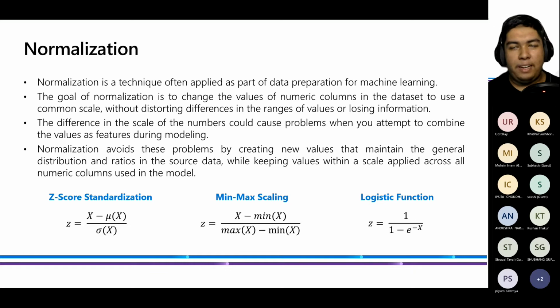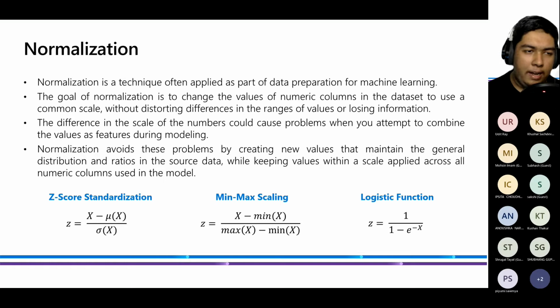They are not humans who have this intelligence that this should have this scale or the other thing should have another scale. So for taking care of that, we have to do something called normalization. That is a part of data preparation. What it will do is shift all the values and bring them onto a certain scale. There are multiple ways of doing this, and there are multiple algorithms, and there are pros and cons for each one of them.